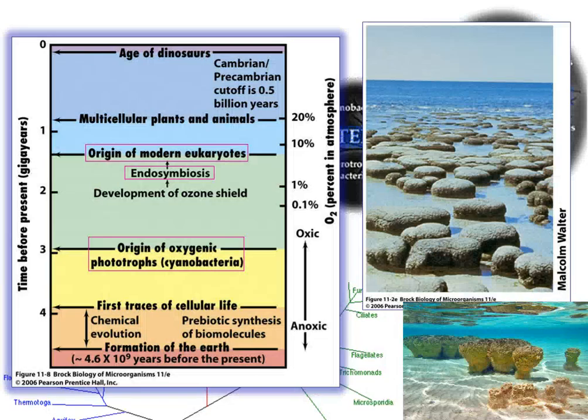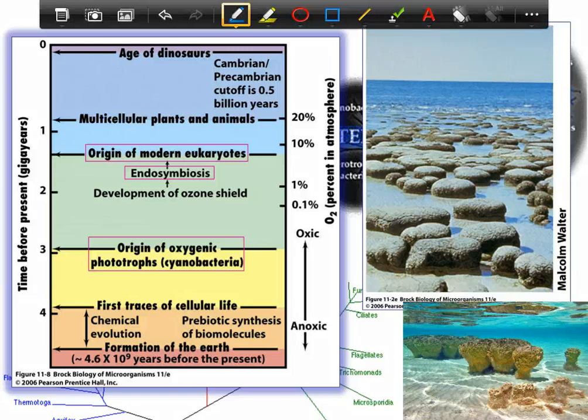So, going forward with that, here's a look at time. Here is the origin of the Earth right there. Okay, 4.6 billion. Here's the development of bacteria. And we are talking somewhere between 3 and 4 billion years.